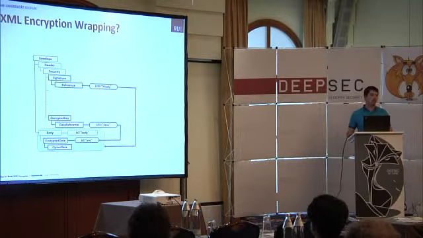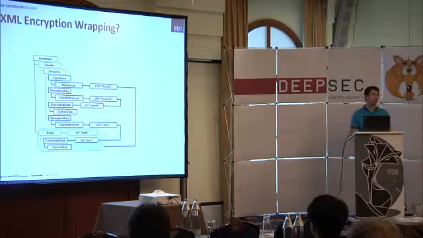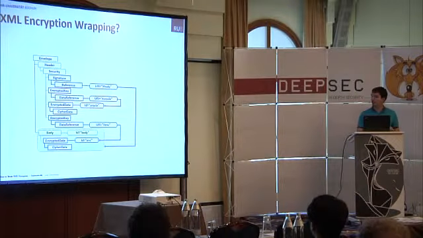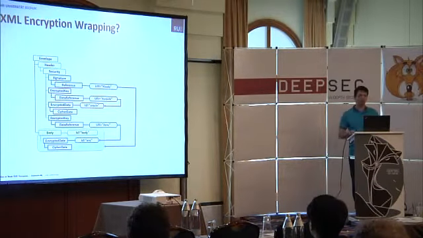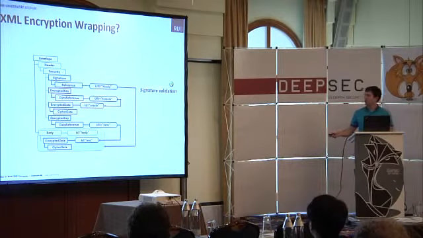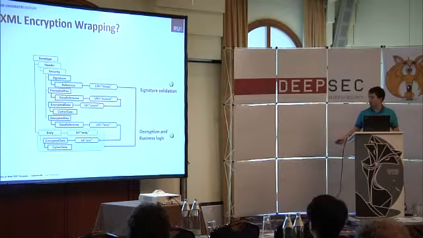The attacker can just define an additional encrypted data element, and the server not only decrypts the body element, but also this one. This is, for example, the standard configuration by IBM DataPower if you work with them. If you define an additional element, the signature is validated because the body is the same. This body element also gets decrypted and the business logic gets executed, but here maybe there is a problem with the decryption.